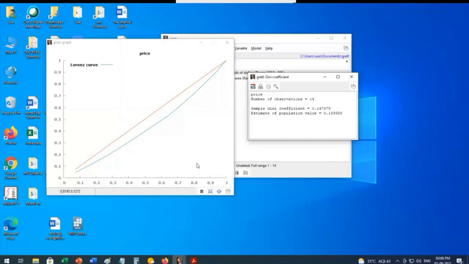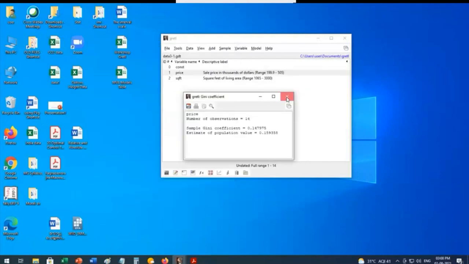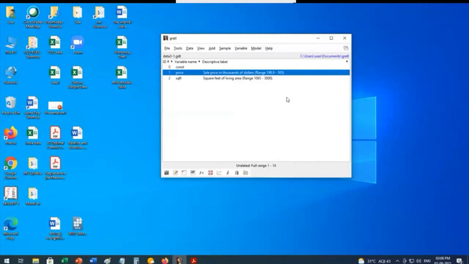In no other package is this Gini coefficient available, except of course R. In R, we have to download a certain package, and then we can have the Gini coefficient, the inequality measure. Most of the inequality measures we can have in R, but in no other packages can we have this Gini coefficient.